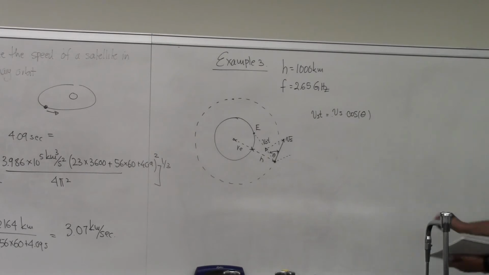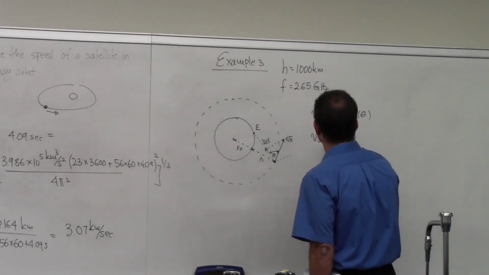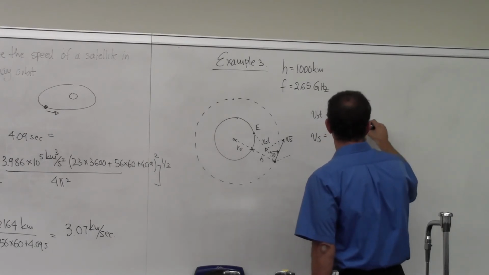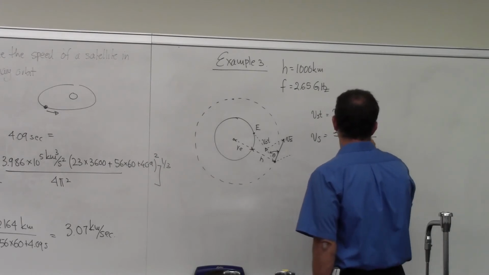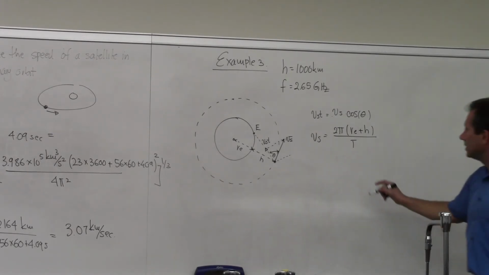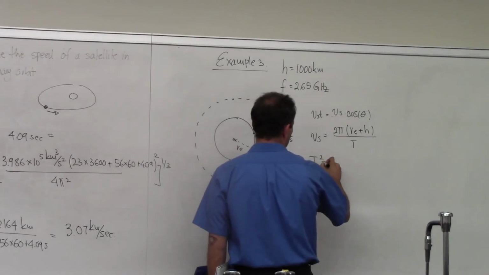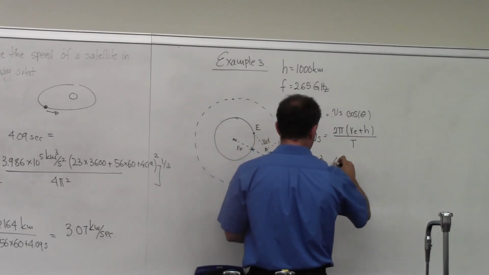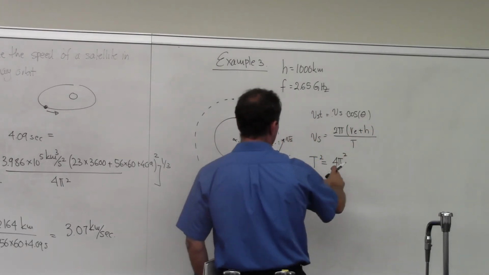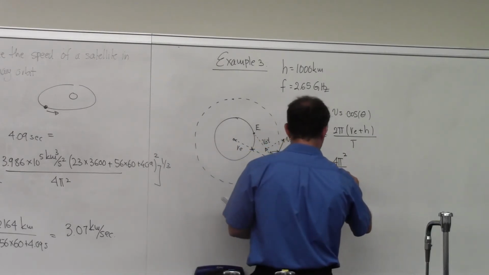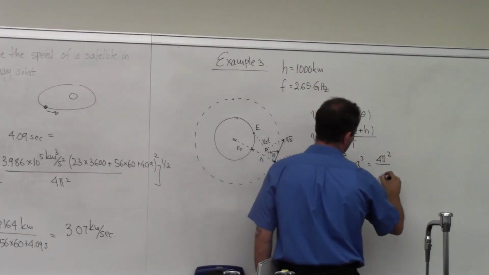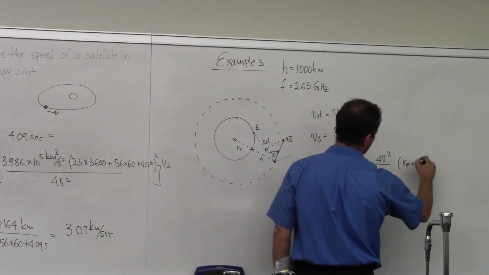The V_S is going to be equal to 2 pi times the radius of the Earth plus the altitude, divided by the period of the satellite. But the period, I know from Kepler's third law, can be expressed as square root of 4 pi squared over mu times a cubed, where a here is R_E plus h.